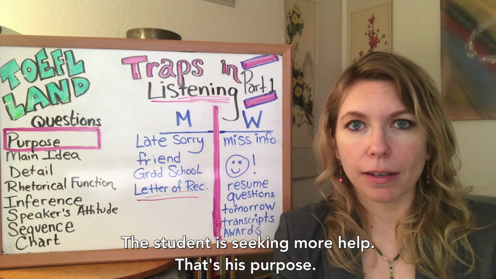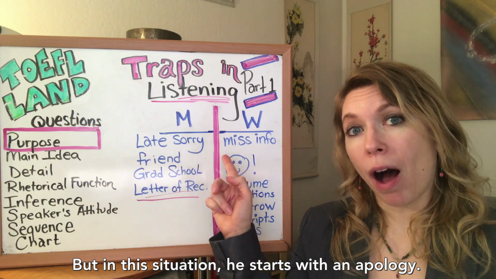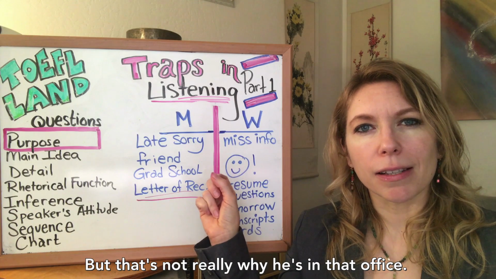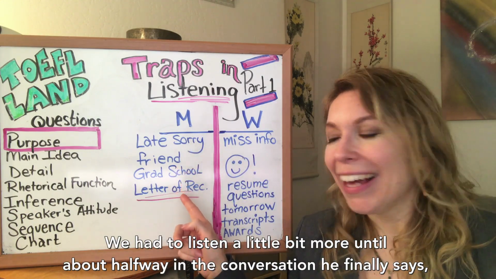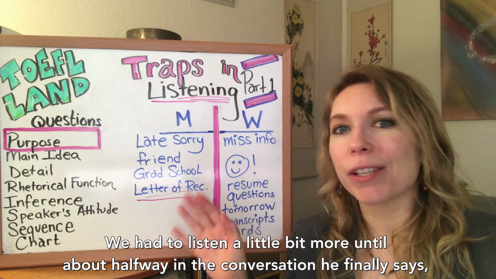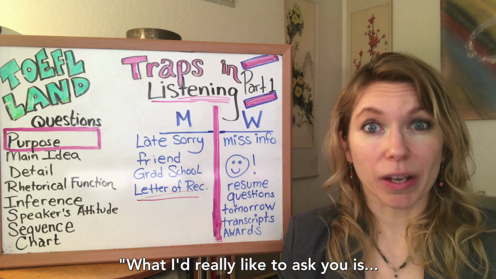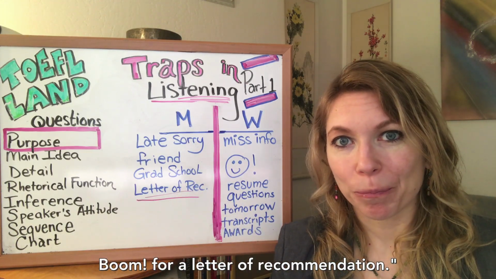That's his purpose. But in this situation, he starts with an apology. But that's not really why he's in that office. We had to listen a little bit more until about halfway in the conversation he finally says, "What I'd really like to ask you is," boom, for a letter of recommendation.